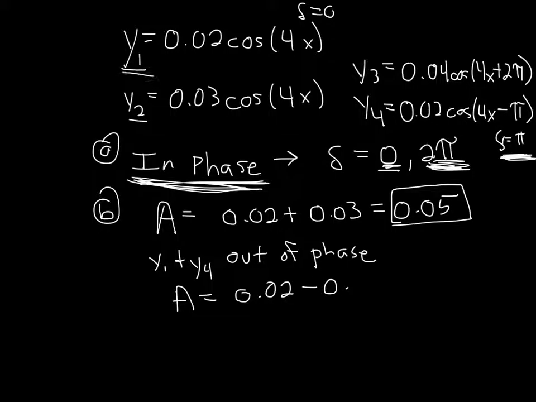I can see y1 has this positive amplitude of 0.02, and at the same time y4 is going to give us a negative amplitude of negative 0.02, and we'd get a total amplitude of 0, and these two waves would cancel each other out. Again, we can predict this because we know these are completely out of phase, because their deltas are different by some multiple of pi.